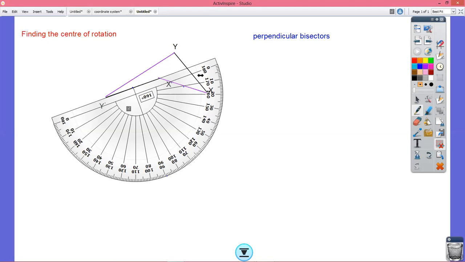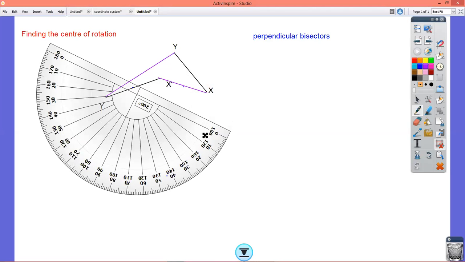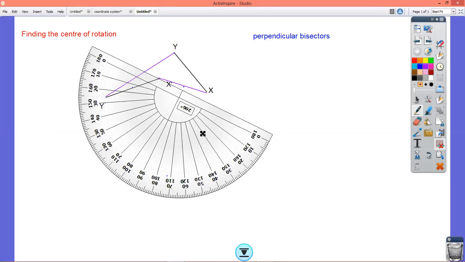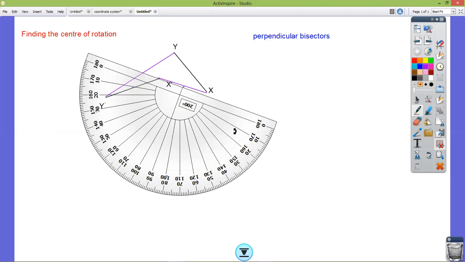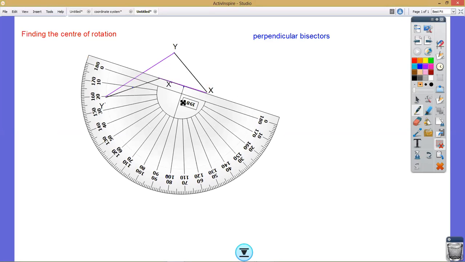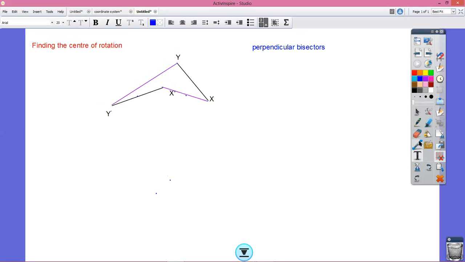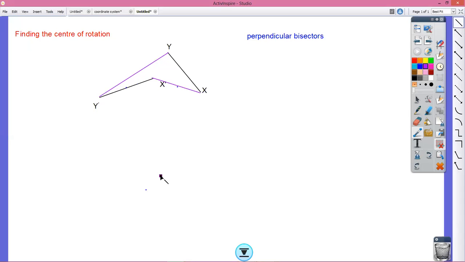Now let's find the other point. It will be here. Let's close and draw our lines. Now here, our lines, I found the perpendicular bisectors. Now I am going to draw them.